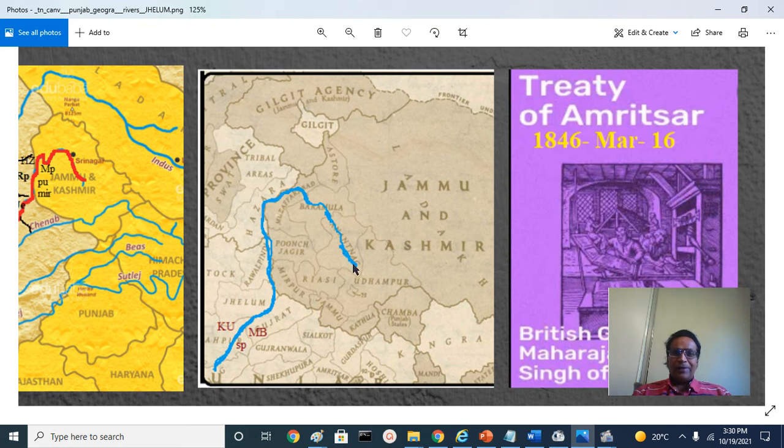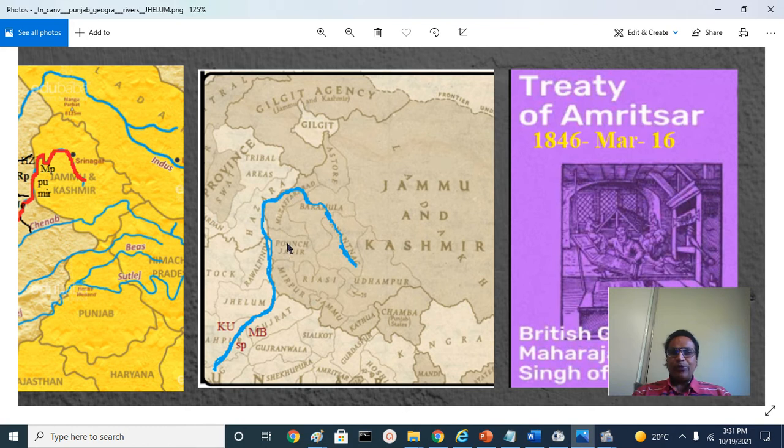Here in the Valley of Kashmir, in the Anantnag district, near Verinag, the river winds through. At that time, in olden days, there were only 2 or 3 districts in the valley: Anantnag, Srinagar, and Baramulla.